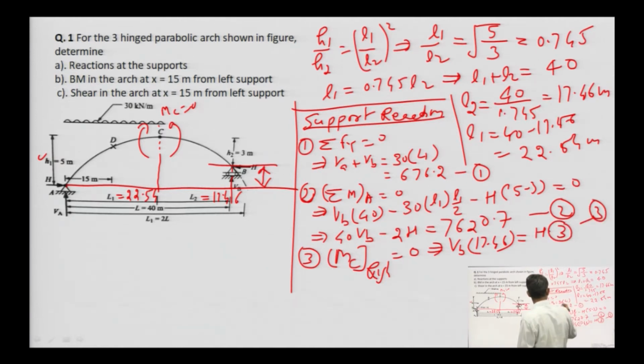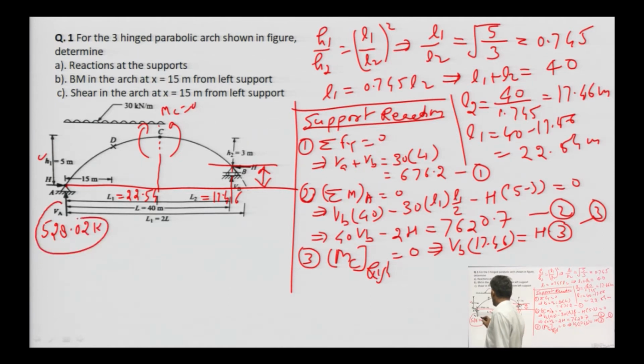So, solving equations 1, 2 and 3, we can calculate the values of Va, Vb and H. The value of Va has been calculated as 528.02 kilonewton. And Vb we have calculated as 147.5.